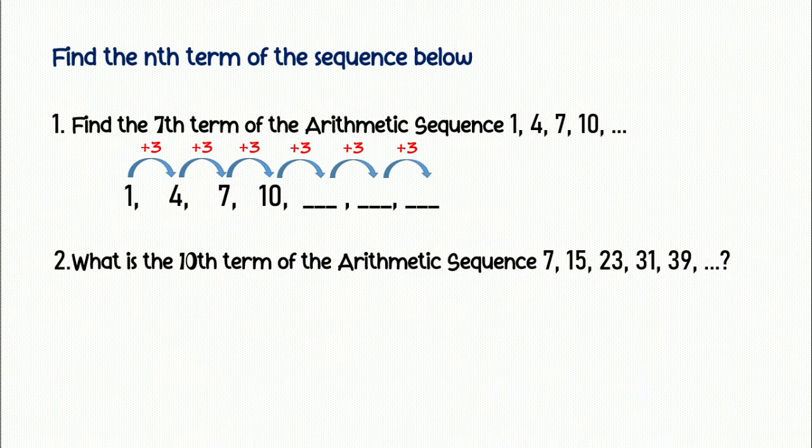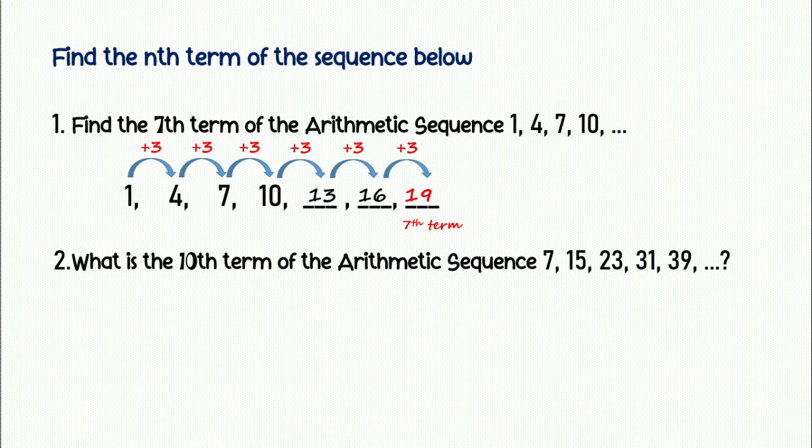And we add 3 to the 6th term para makuha yung 7th term. So, this is the answers. So, para makuha yung 7th term, mag-add lang tayo ng 3 sa each preceding term. So, 10 plus 3 is 13, 13 plus 3 is 16, and 16 plus 3 is 19. So, therefore, yung 7th term ng arithmetic sequence ng 1, 4, 7, 10 is 19.